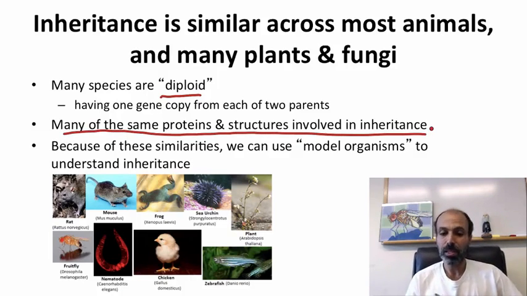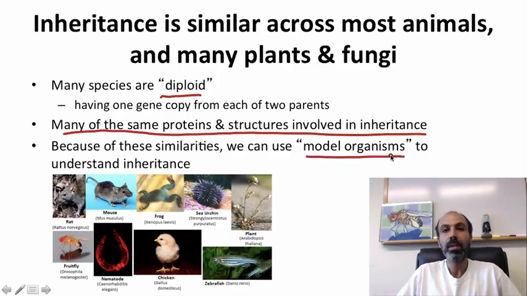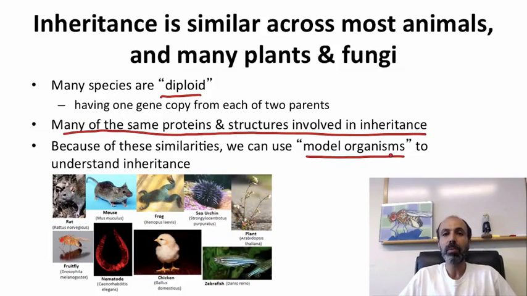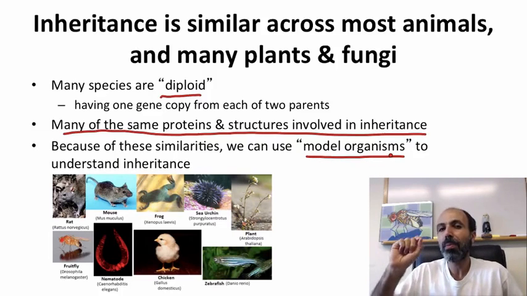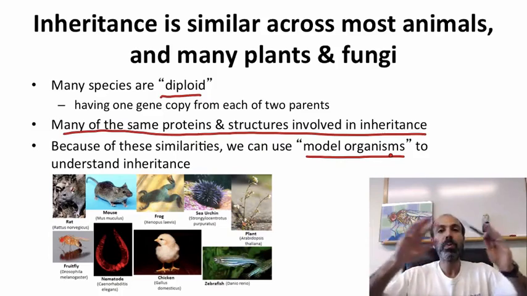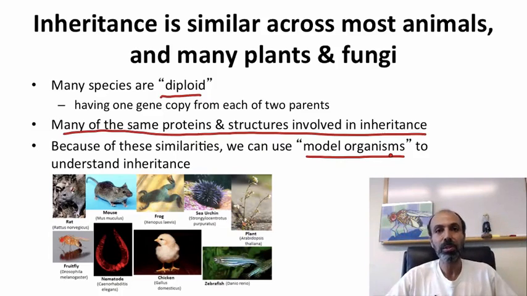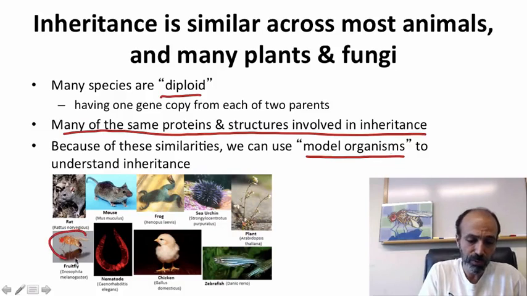And it's because of this that people tend to use model organisms to understand inheritance. When we say model organisms, these are animals, plants or fungi that people work with to try to understand genetics. We're not necessarily interested in them themselves, but we're using them to understand genetics more broadly because we presume that it applies very similarly across all species. So many of you know, for example, the famous fruit fly.